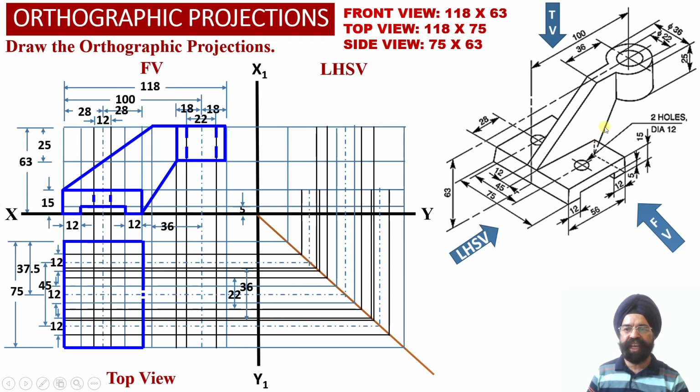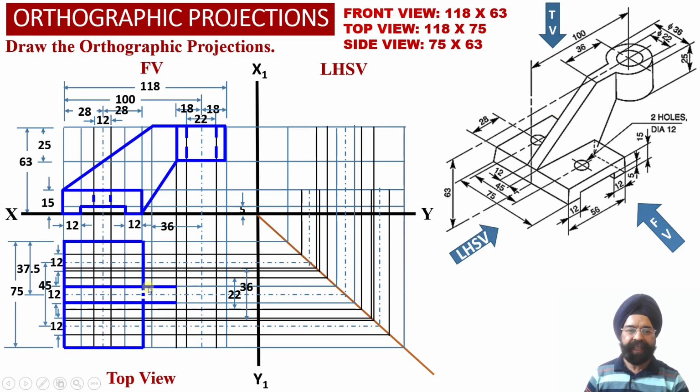But one thing we can check, because this portion of the vertical web is going to cover this portion that is at the base. So this little portion at the base will be covered by this inclined web over here. We can check this inclined web has covered this base portion up to a depth of 12 millimeter at the center over here.